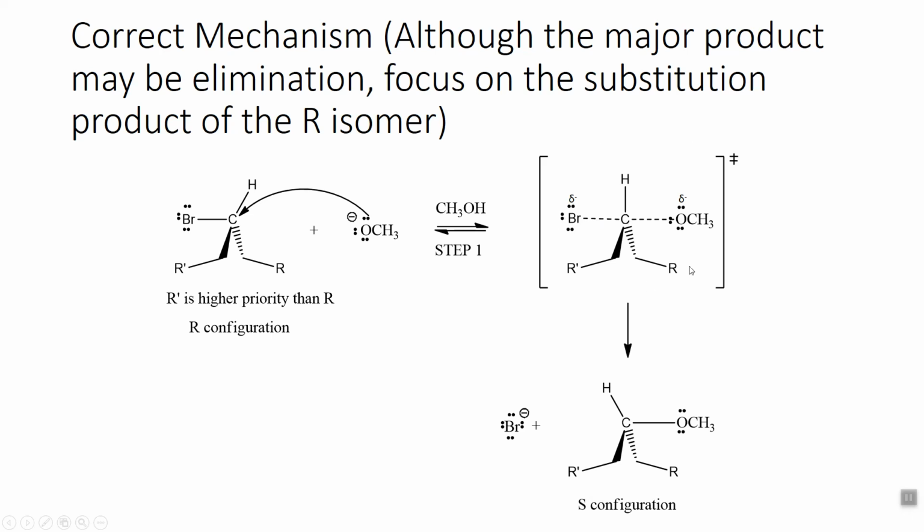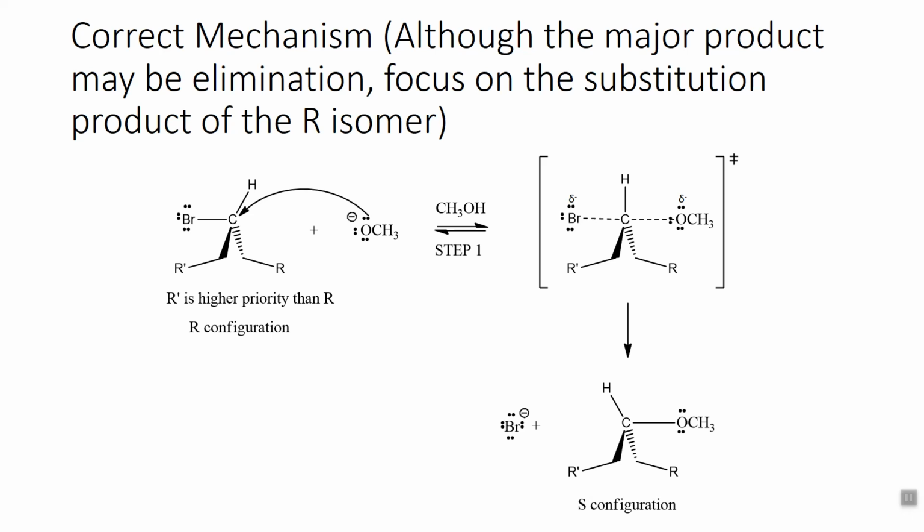Note that this is a transition state. It's not something that is isolated in the mechanism. Then after the transition state, we end up with basically a backside attack because methoxide comes in on this side and bromide goes out on this side. What we end up with is an inversion of the stereochemistry, or ultimately the S isomer.